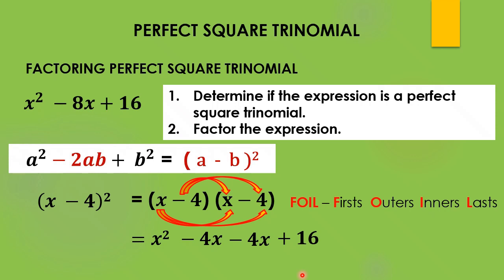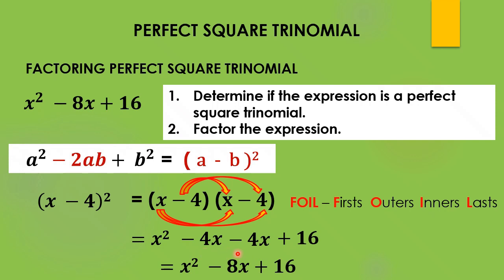And then add the middle terms. Since minus 4x and minus 4x are like terms, we can combine these two terms. So we have x squared minus 8x plus 16.